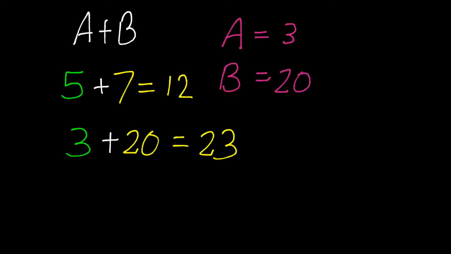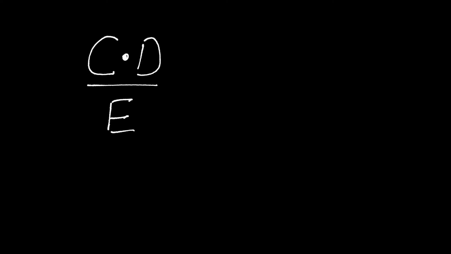So let's say instead of a plus b, we have c times d divided by e. Okay, it's written as a fraction, so that's going to mean that we're going to have to do some division. Now, just like before, I can't do anything with this until I know what c, d, and e are.